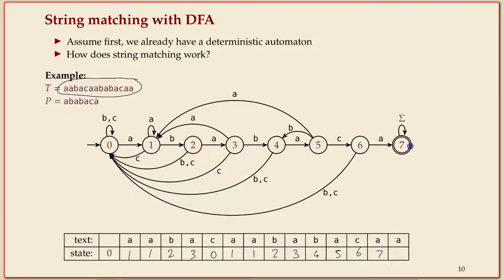If you ever reach this double circled state, that's an accepting state, which means when you end in this state, you're allowed to declare victory. You can say, I accept this input. That's the automaton point of view. The string matching point of view is, as soon as you reach this state, you can return because you found an occurrence of the pattern.